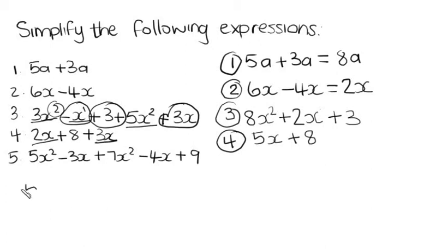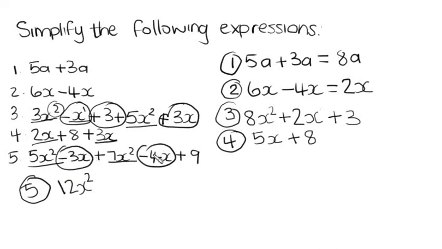Now for number 5, let's do it over here. I have 5x to the power of 2. The next term with variable x and exponent 2 is 7x to the power of 2. So now I can add my coefficients. 5 plus 7 gives me 12x to the power of 2. Next I have negative 3x and I have negative 4x.